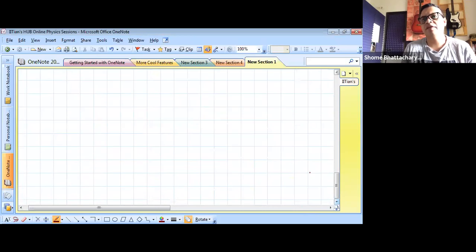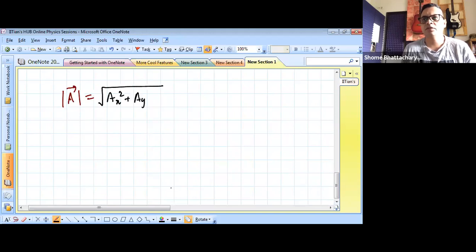So mod of vector E should be equal to square root of Ax square plus Ay square plus Az square. So let's understand how this works out.